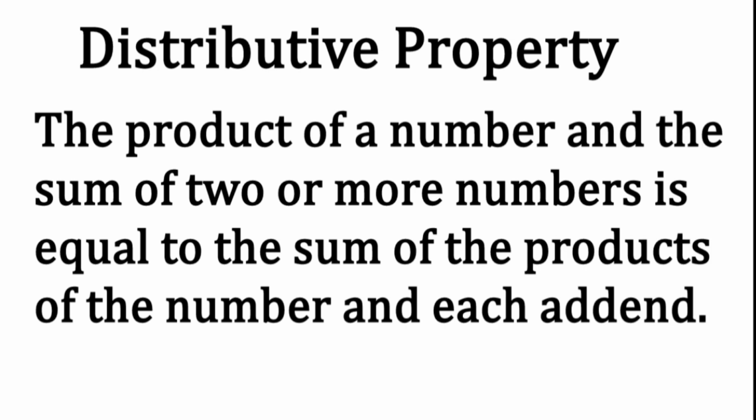We have here the distributive property. The product of a number and the sum of two or more numbers is equal to the sum of the products of the number and its addends. To have a clear perception about this, for example, you have here the formula a times the quantity b plus c.